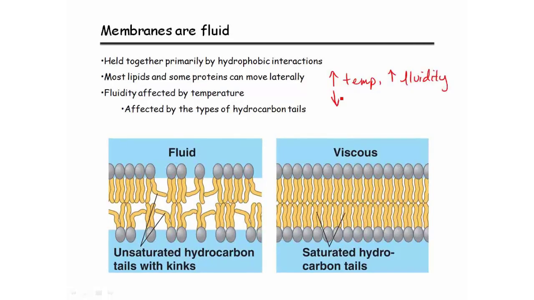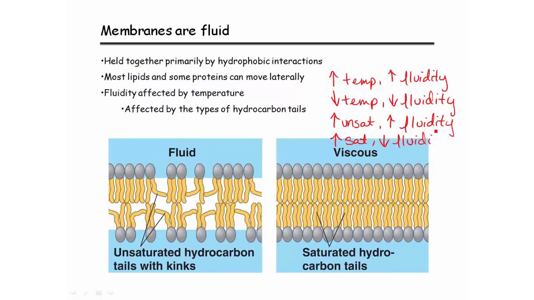And then in the opposite way, the lower the temp, the decreased fluidity. If we talk about our tails, basically the more unsaturated, then the increased fluidity. And we could say the more saturated, it's going to have a decreased fluidity.